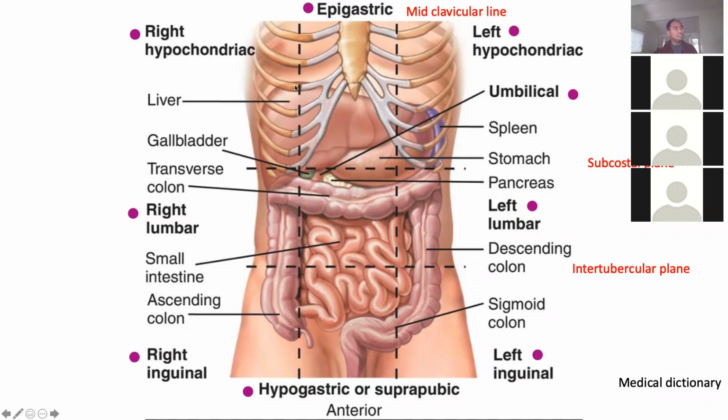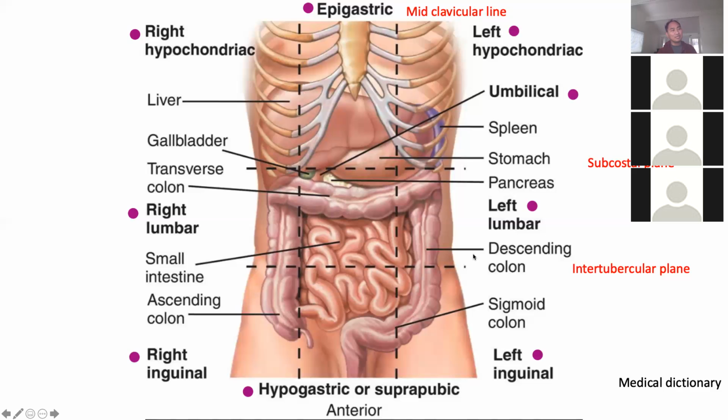Yes, these 2 vertical lines here, proximal to distal, are called the mid-clavicular lines. They cross the midpoint of the clavicle: right mid-clavicular line and left mid-clavicular line.